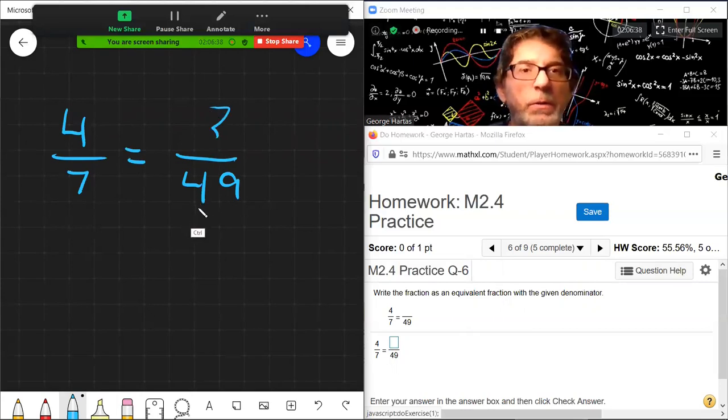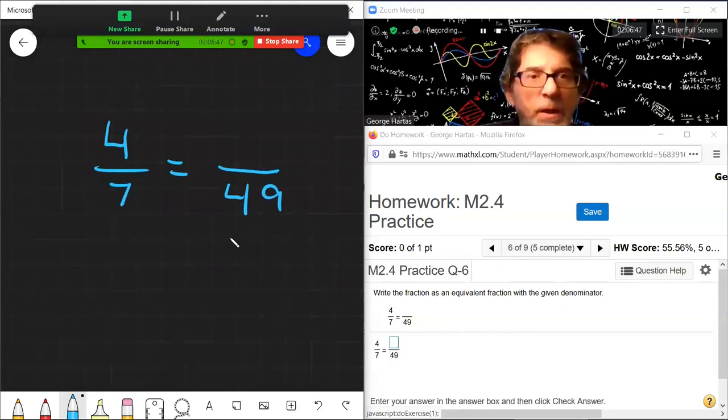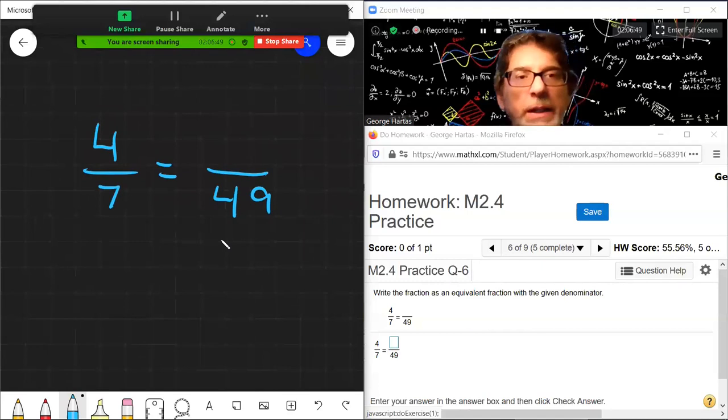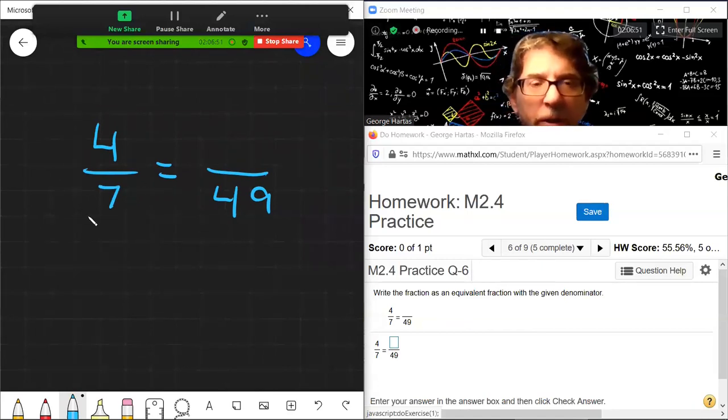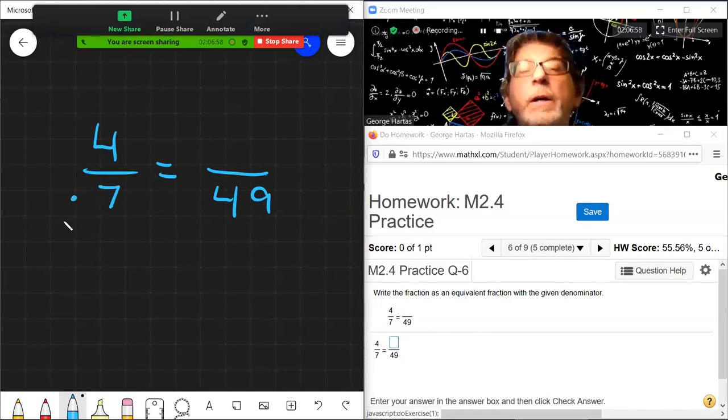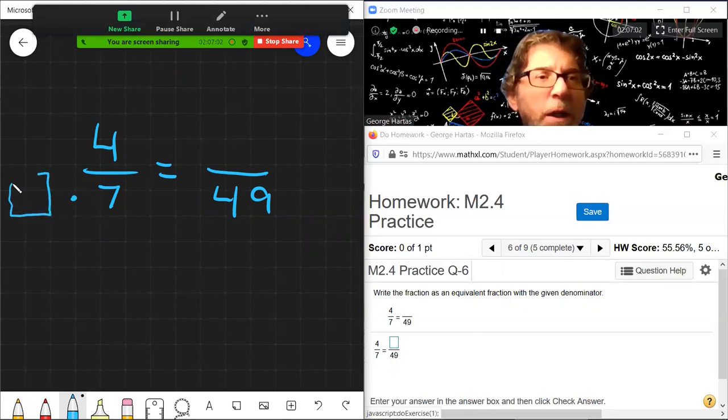That's what we're looking to do. The way we're going to do that is we're going to look at the denominators. So we're going to look at this denominator right here in particular. You're going to put a multiplication dot in front, right there, and you're going to ask yourself, what number times 7 is equal to 49?